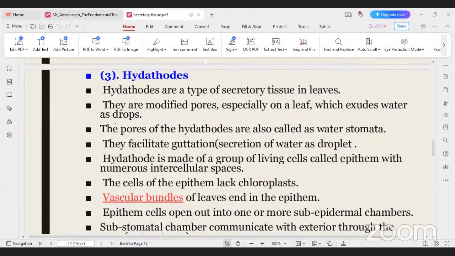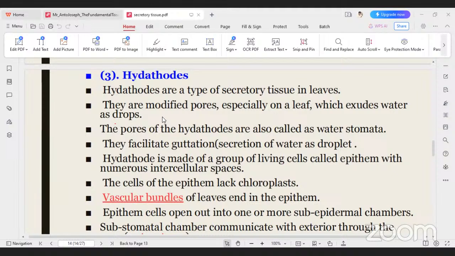Hydathodes are a special type of secretory tissue in leaves. They are modified pores, especially on leaves, which exude water as drops. Actually, in general, how does water loss from the plant body happen?